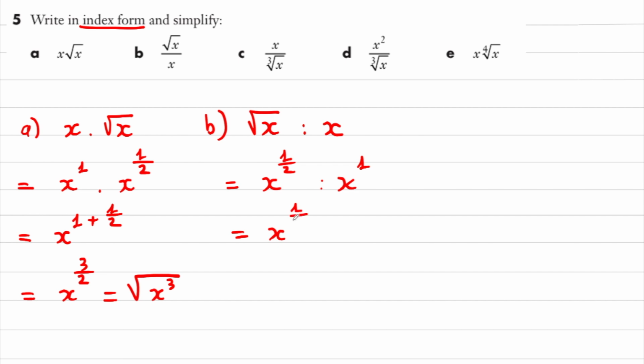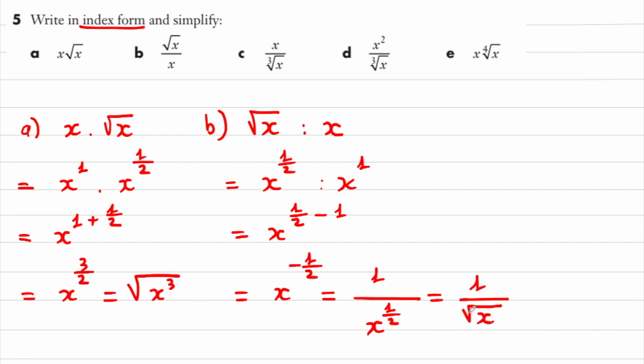So for this, you take the difference of the power numbers: 1 over 2 minus 1 means x to the power of minus 1 over 2. I don't want to work with negative indices like here, so I will convert this to x to the power of 1 over 2 in the denominator. And then it's very easy to recognize that you've got 1 over the square root of x.